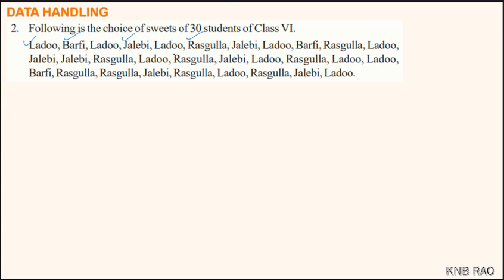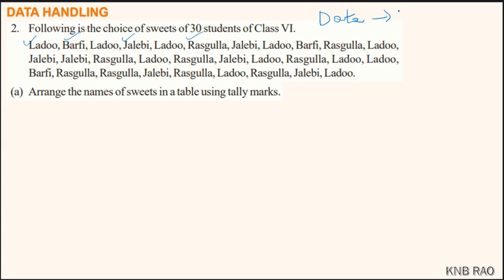Out of the 4, students are giving their choice. Now, arrange the names of sweets in a table using tally marks. That means you have to make a frequency distribution table for this data. Children, remember, the word data, if I am using it, is a plural word.